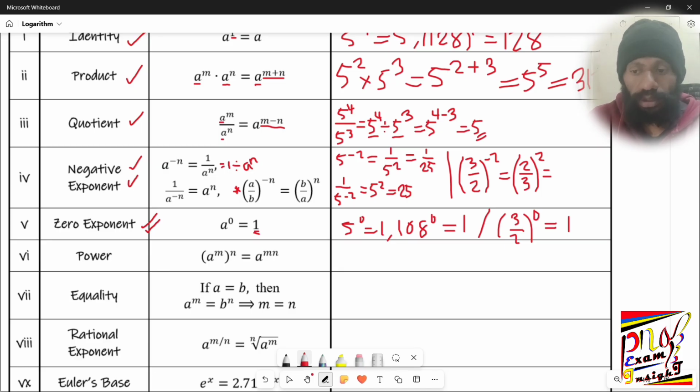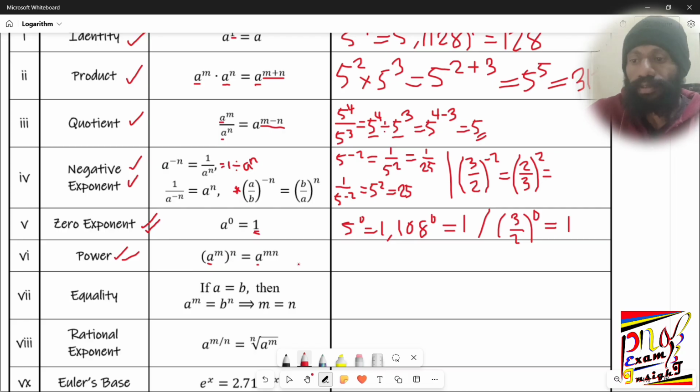Alright, let's move on to the next, which is the power rule, or power of powers. When a base is raised to a power which is all raised to another power again, we multiply the powers. Look at it: common base, we retain the base, and we multiply the powers, m multiplied by n is mn.